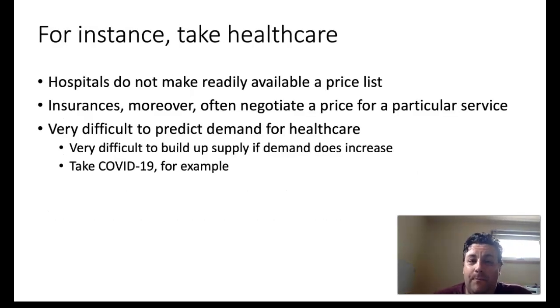Let me give you an example. Take healthcare. Hospitals, even some doctors' offices, don't readily make available a price list. So imagine you're going to buy a loaf of bread, right? You could go to one store, examine the price, maybe the size, the weight, the freshness, and so forth.